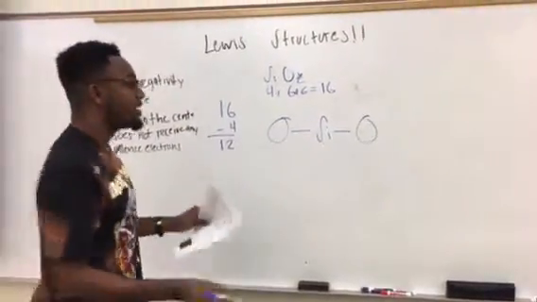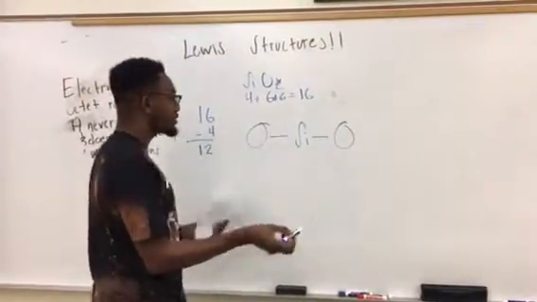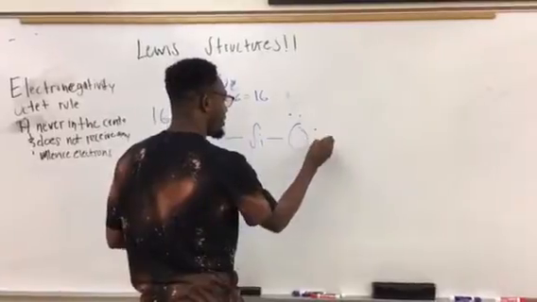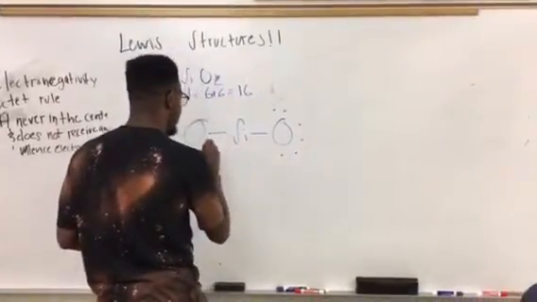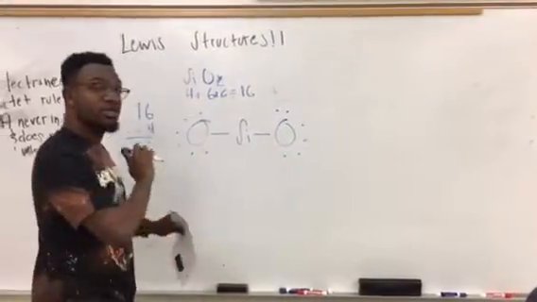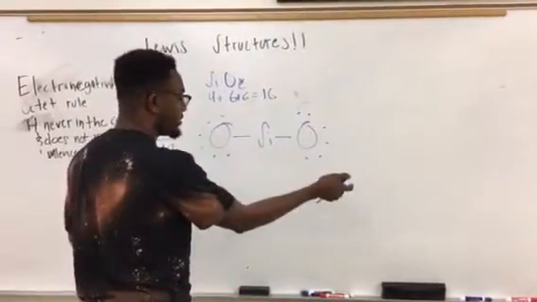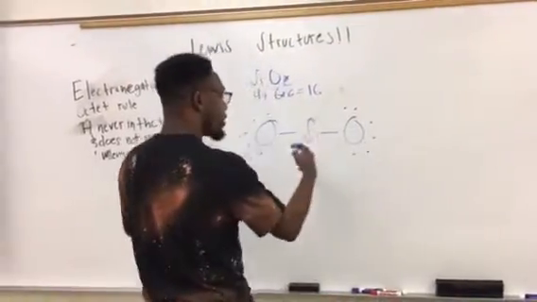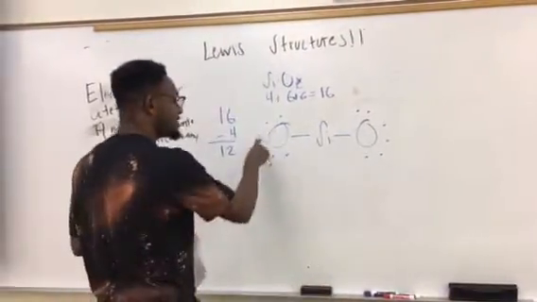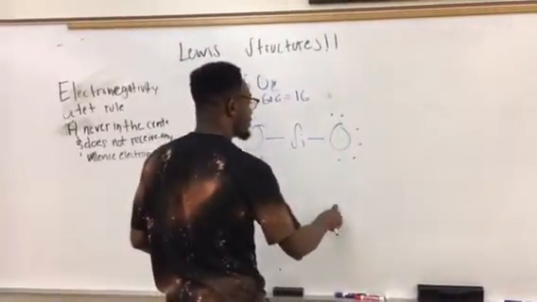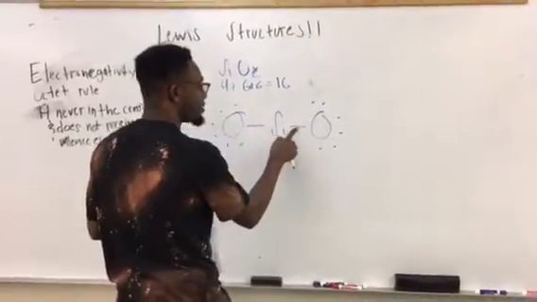What we do from then is disperse the electrons. So we have 1, 2, 3, 4, 5, 6, 7, 8, 9, 10, 11, 12. You always want to disperse them to the outer shells of the compound first, and then work your way in. Now we notice that this is surrounded by 8 valence electrons, and this is surrounded by 8 valence electrons, but the silicon is surrounded by only 4.